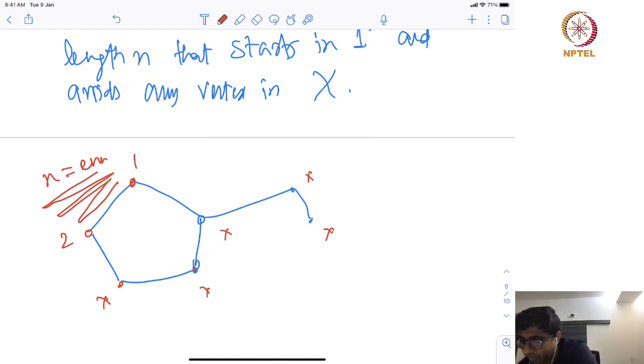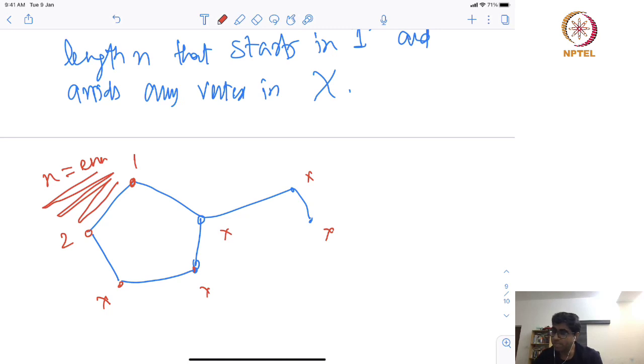So in a walk a vertex can be repeated, edges can be repeated, but it is a path when every vertex appears at most once.